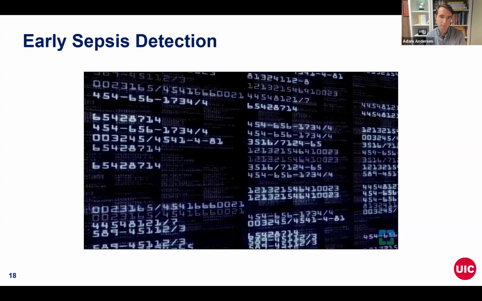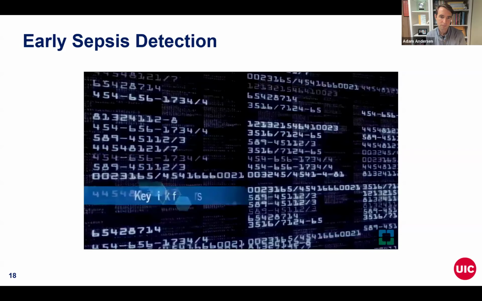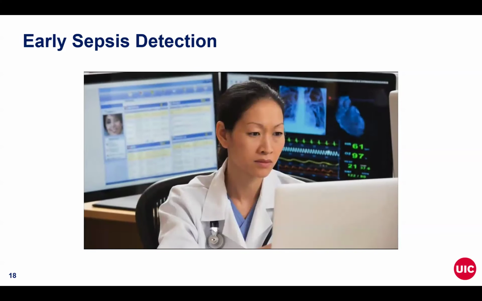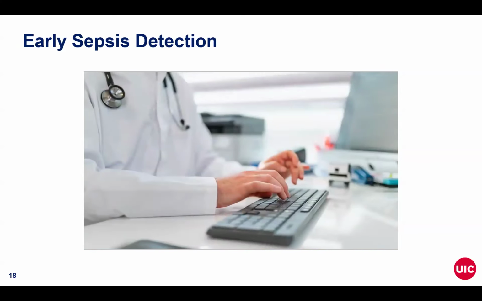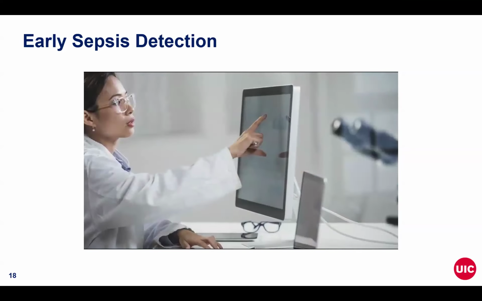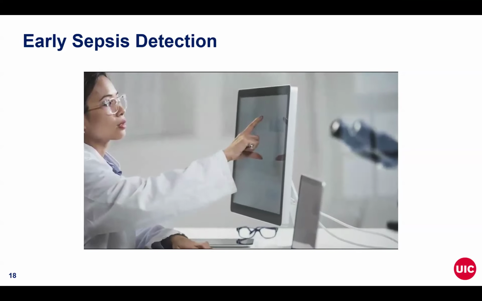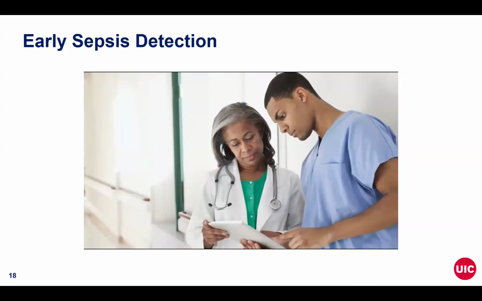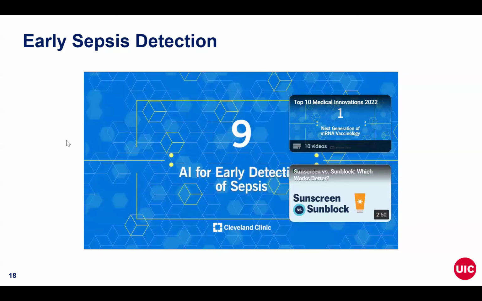Using AI algorithms, the tool detects several key risk factors in real time by monitoring patients' electronic medical records as physicians input information. It then flags high-risk patients, enabling early intervention, which can improve outcomes, lower healthcare costs, and save lives.